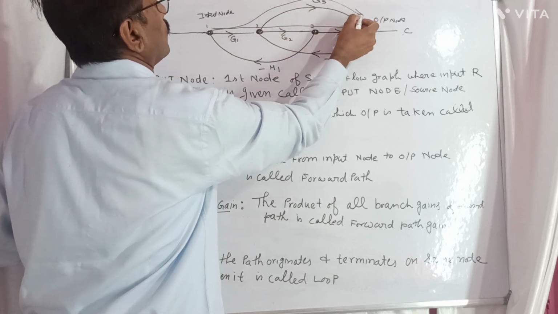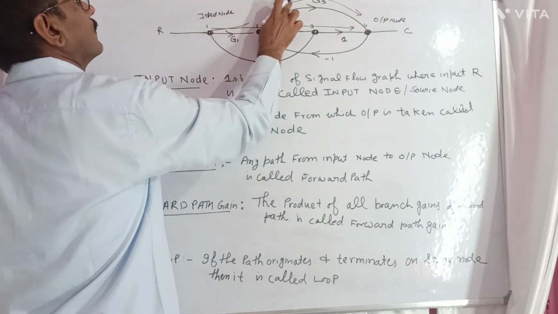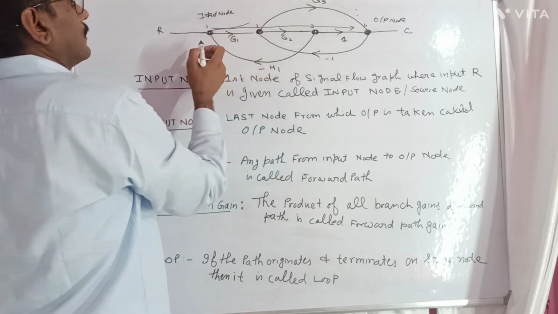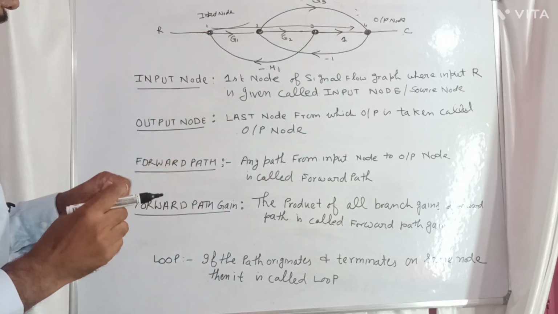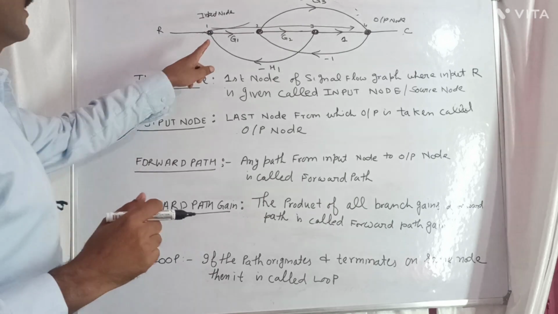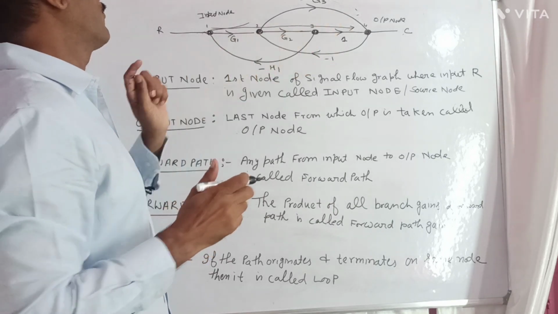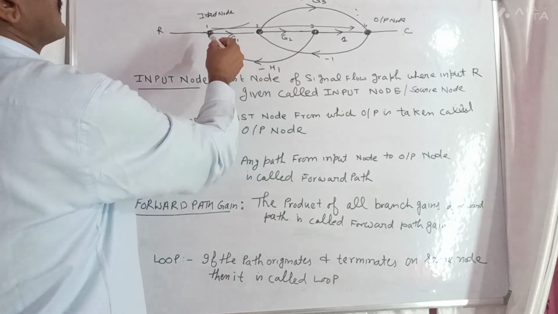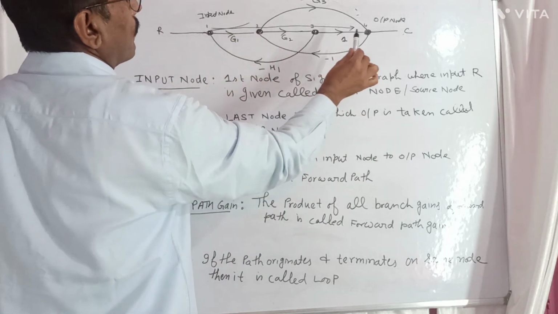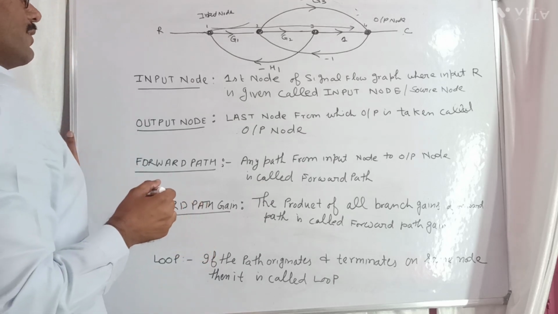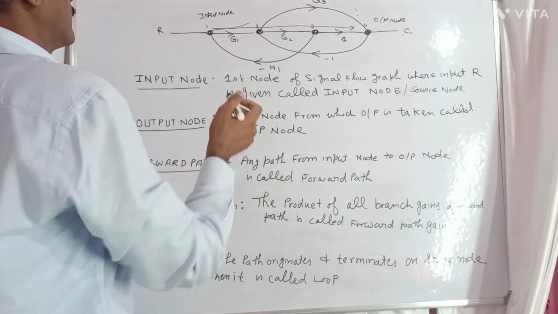So there are 2 forward paths in this signal flow graph. Then forward path gain: the product of gains of all the branches of the forward path is called forward path gain.